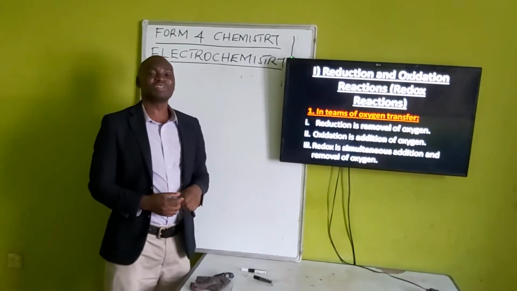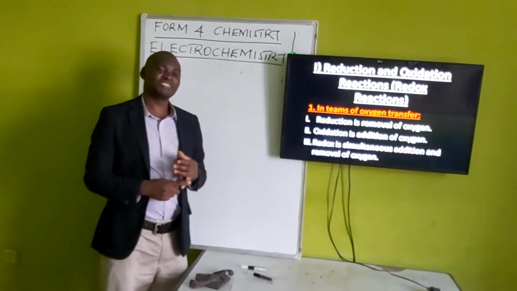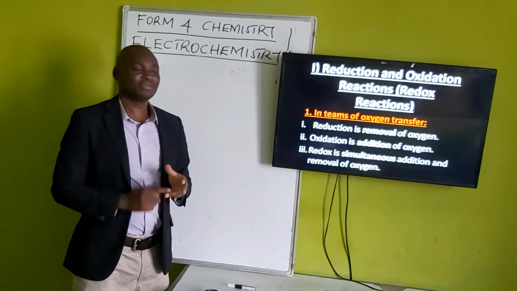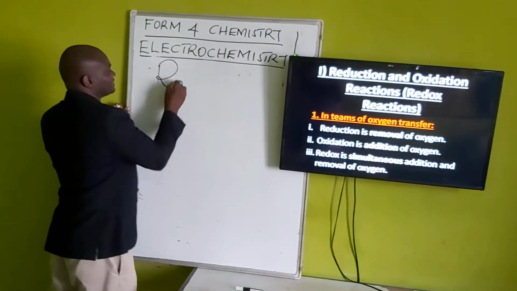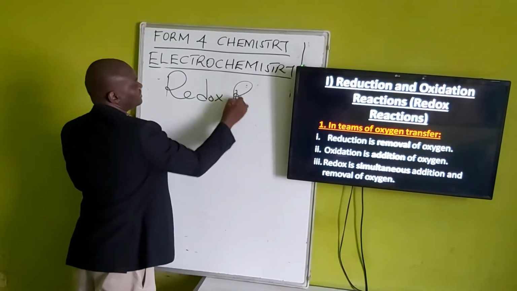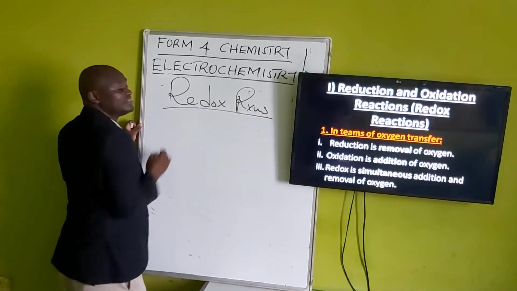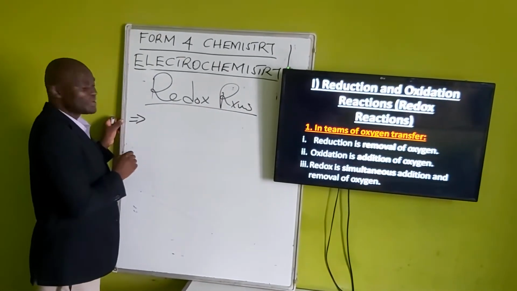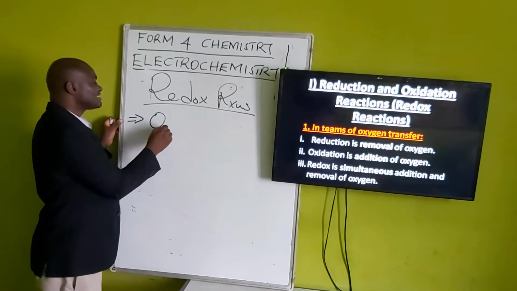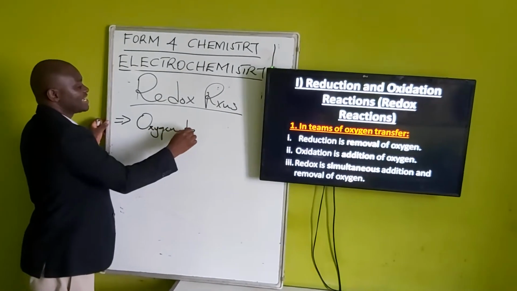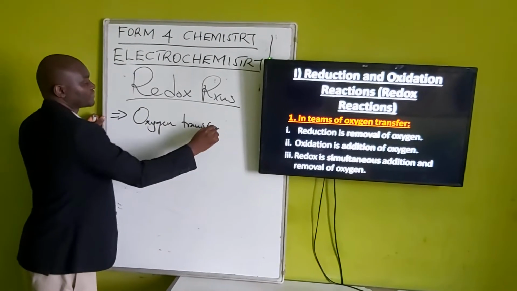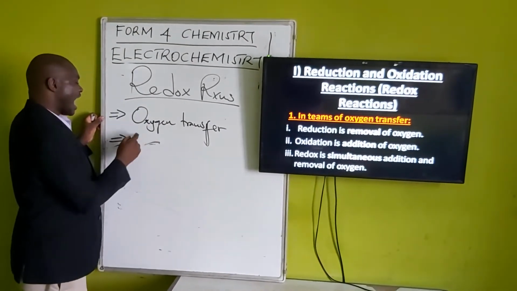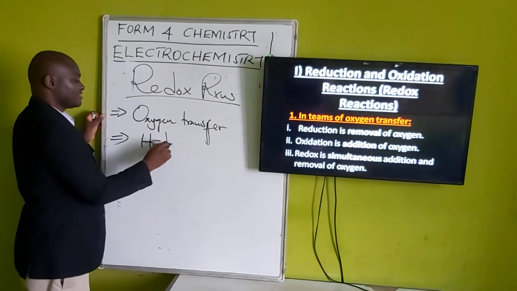Now, redox reaction can be defined based on transfer of oxygen. So when we talk of redox reactions, it can be defined based on oxygen transfer, 2, defined based on hydrogen transfer.